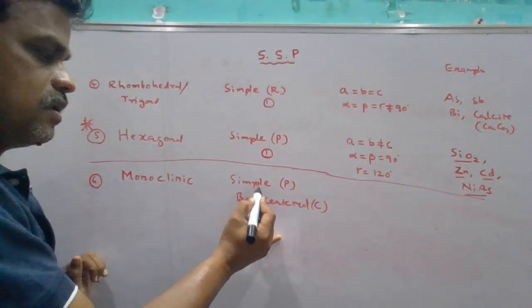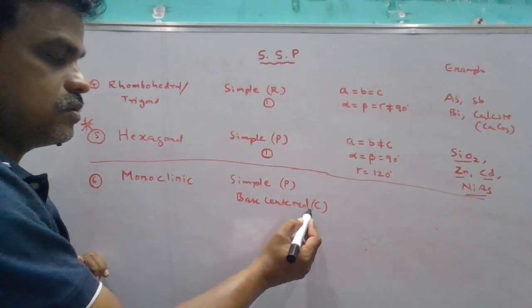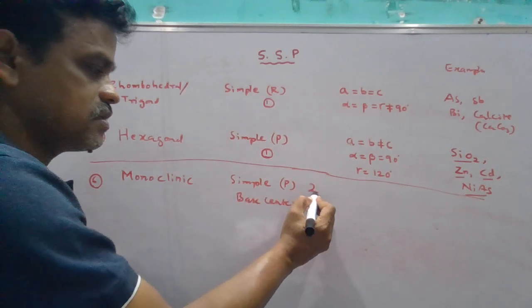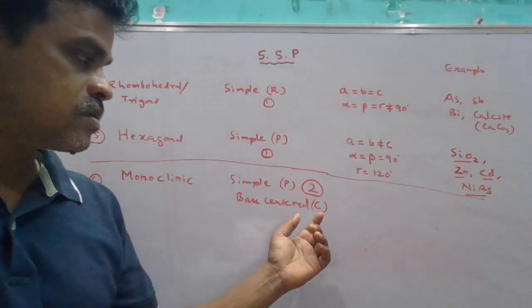Simple monoclinic is one Bravais lattice, base centered monoclinic, that is two. So Bravais lattices for this system: 2.